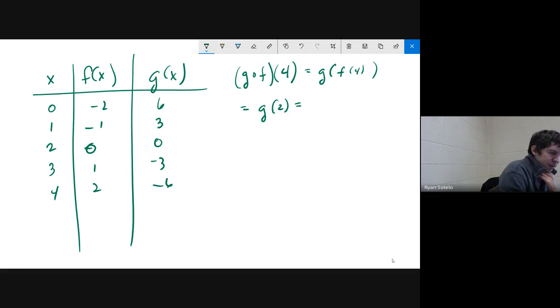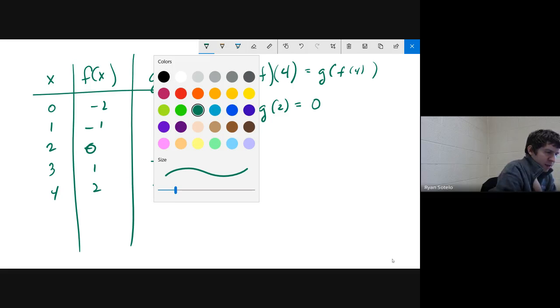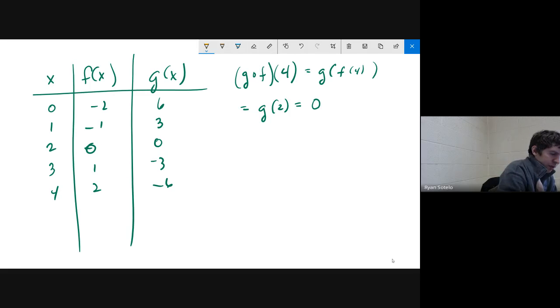And then since f gave me the output of 2, that 2 is going to be the new input of g, which outputs 0 at 2. So that would give me 0. My steps on that one were: start at 4, go to 2, and then take that 2 and figure out what the output is there. That's how that one worked.